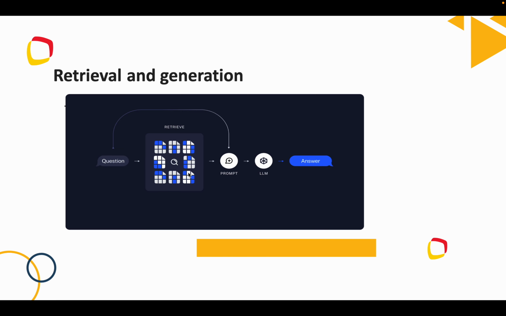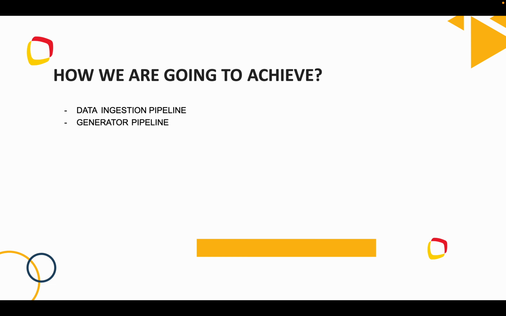The retriever will retrieve documents based on the question the user has given. Then we will use a prompt, and the prompt will be given to the LLM model. Then the LLM model will create the answer.